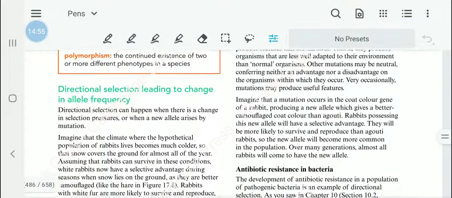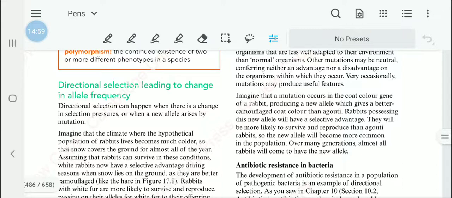For example, when a climatic condition changes, an organism that has a selective advantage is likely to survive and reproduce, and would result in being the most common organism.